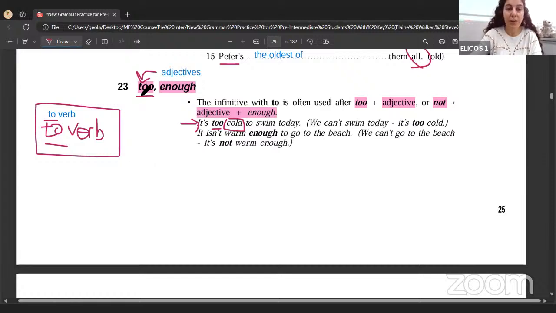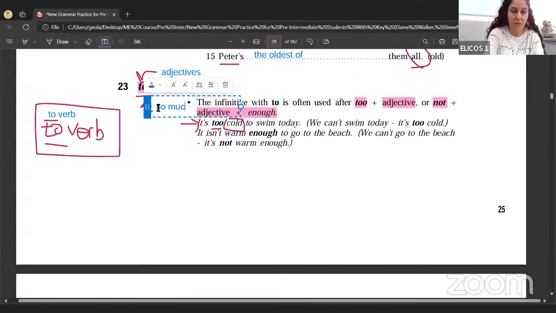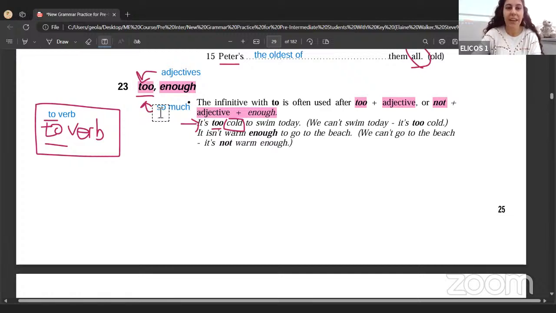Now with the too, remember it's also another way of saying so much, like it's so much cold, but we don't really say that phrase. So think of this too as meaning like too much, like so much or very much. So it's too cold to swim today.